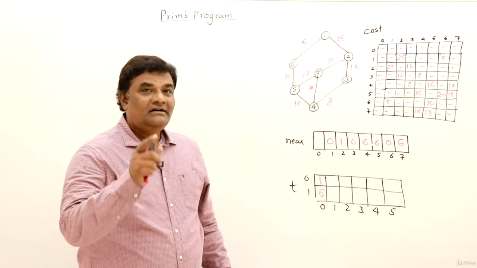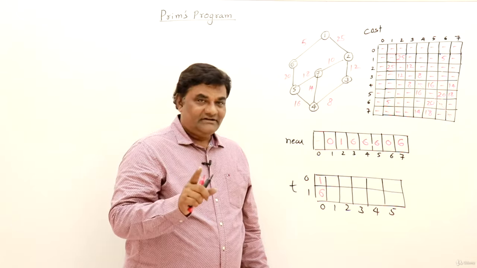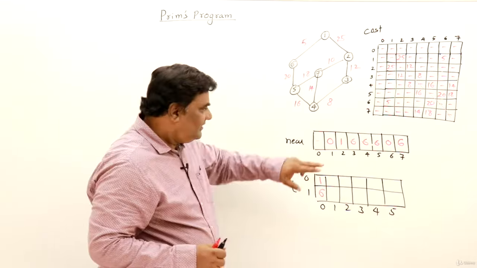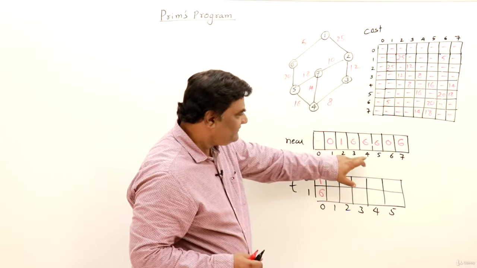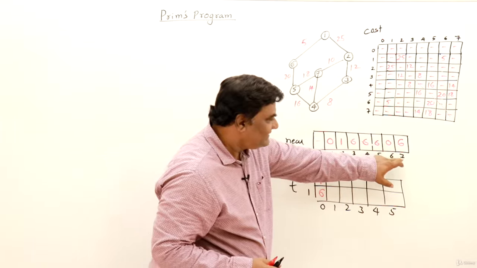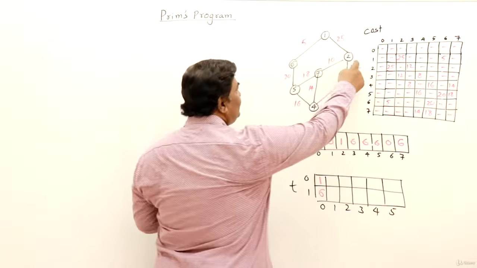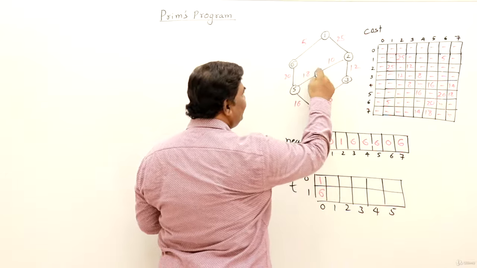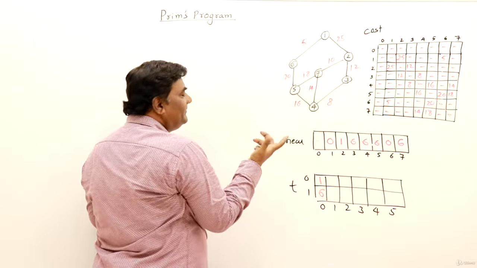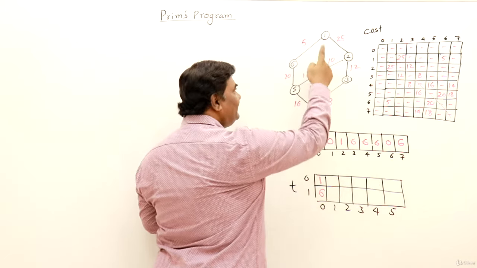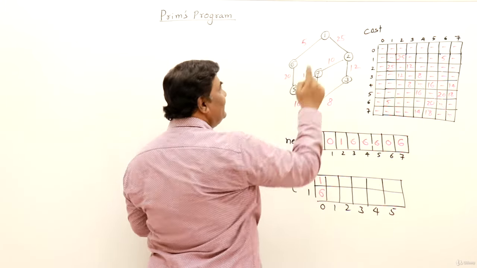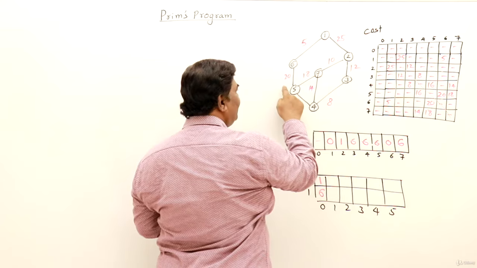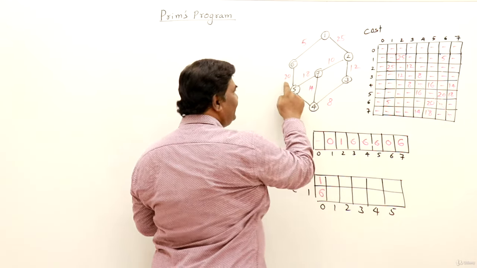So observe this. The first step is, from this find out the minimum. What minimum? 2 to 1, 3 to 6, 4 to 6, 5 to 6, 7 to 6. Which is minimum? Because we have to take another vertex that is connected to only 1 and 6. Here we have only 2 connected, that is 25, and 5 to 6, that is 20.